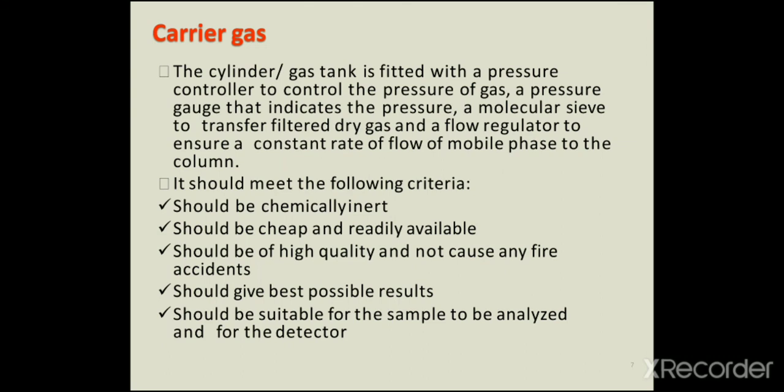The pressure controller controls the pressure of the gas, the pressure gauge indicates how much pressure is there, the molecular sieve transfers the filtered dry gas, and the flow regulator ensures a constant rate of flow of the gas to the column.